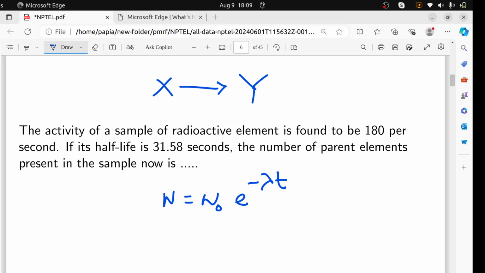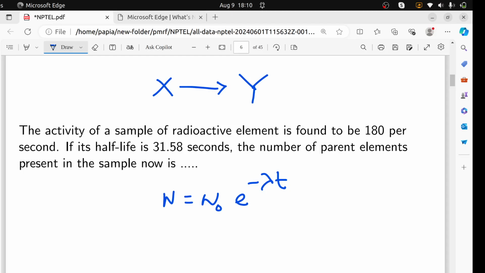What are lambda and t? t is obviously the time, and lambda is the decay constant related to half-life. Half-life means the time at which half of the parent nuclei will decay to the daughter. So N equals N0 e to the power minus lambda t is a decreasing function, because e to the power minus lambda t is there.